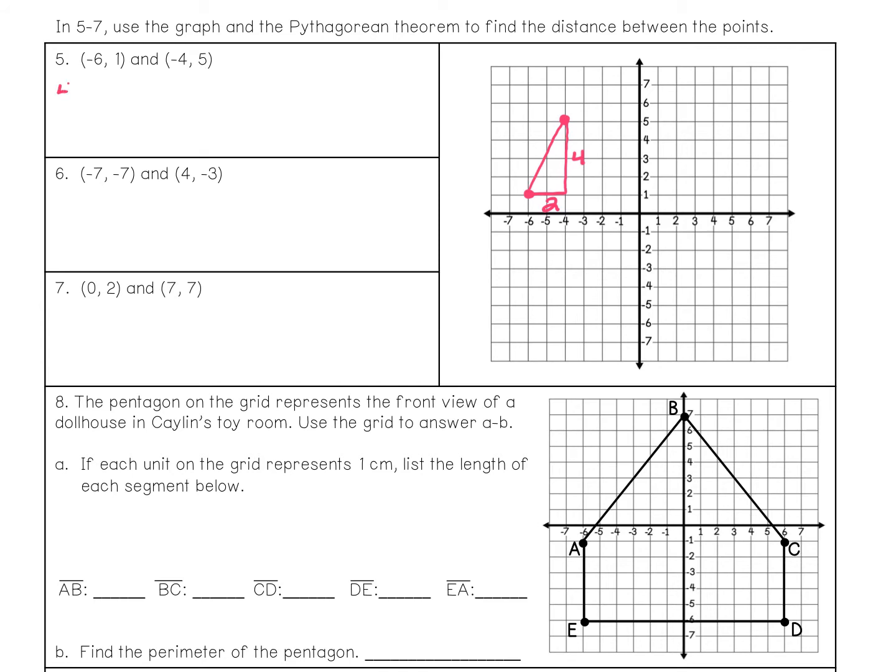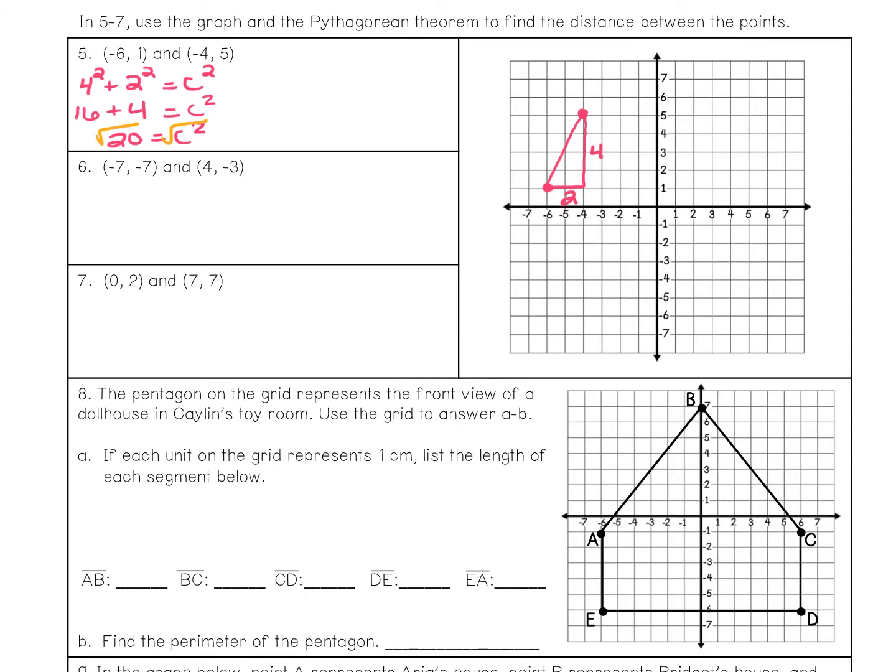So then 4 squared plus 2 squared equals C squared. I'm going to take the square root of both sides. And once I round to the nearest tenth, I get that C is approximately 4.5. So that distance between -6,1 and -4,5 is approximately 4.5 units.